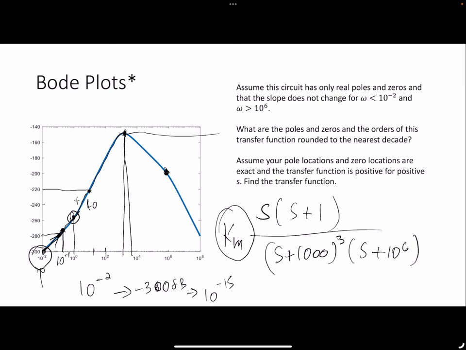So I have to get 10 to the negative 15 when I plug in 10 to the negative 2. So I have 10 to the negative 2 divided by 10 to the 9 times 10 to the 6 times k equals 10 to the negative 15. That's going to give me that k equals 10 to the 2. So this is just 100, whatever.